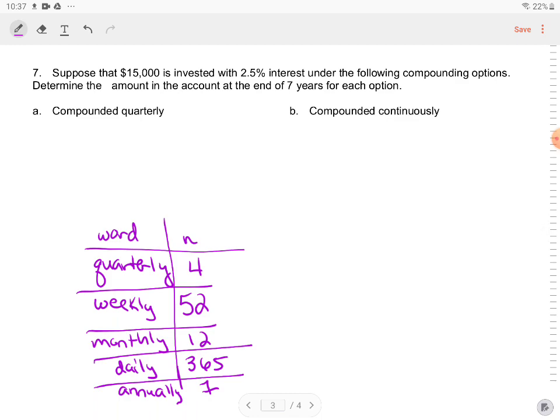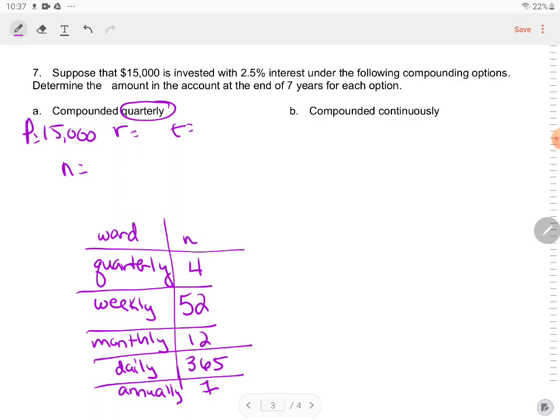Suppose $15,000 is invested with 2.5% interest under the following compounding options. Determine the amount at the end of 7 years. So for all of these, what we're interested in is P, R, and T. All of them will have a T. Now, quarterly was going to give us an N value, okay? So P is the money. So for P, that stands for principal, is 15,000.